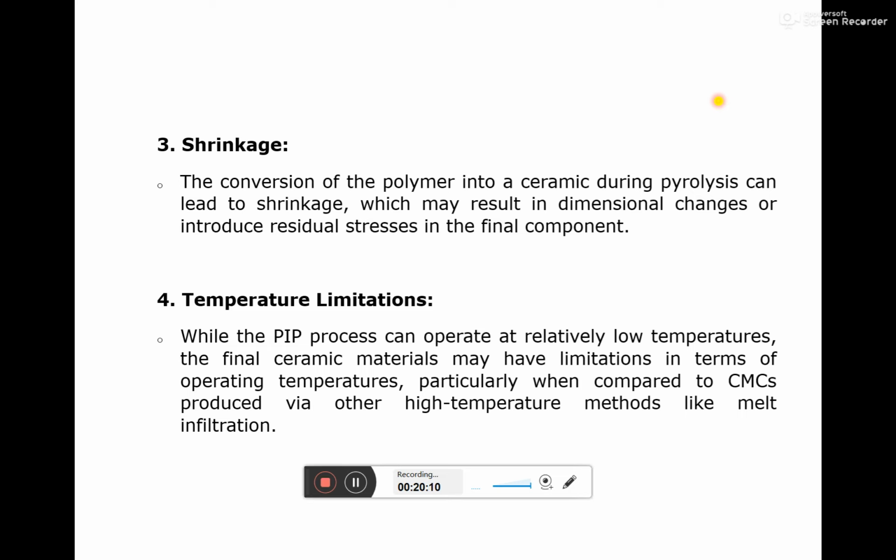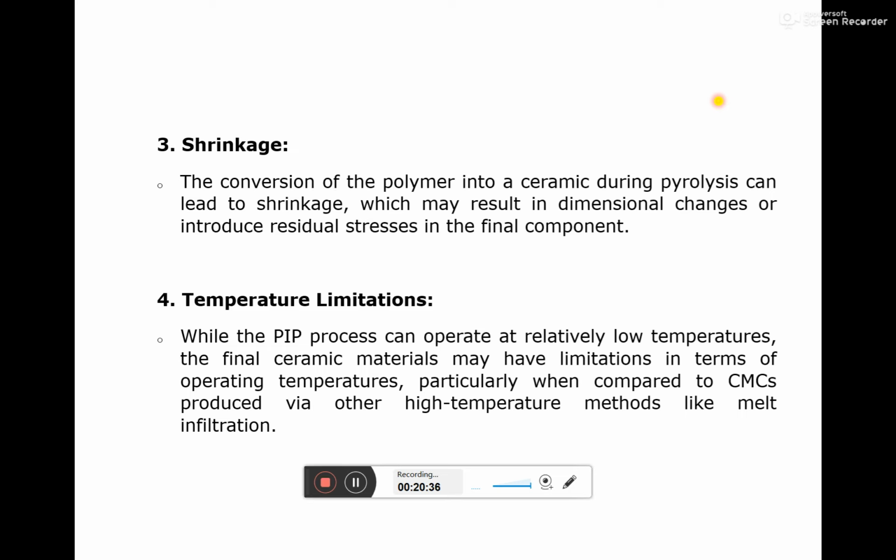That's why this process is only suitable for certain precursor materials. Due to the temperature limitations, this process is limited to few materials only. That is one of the limitations.